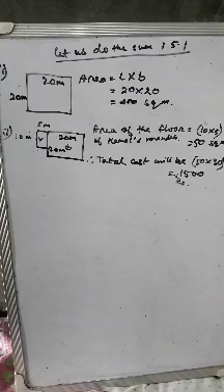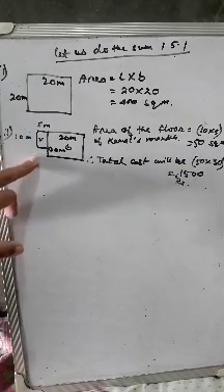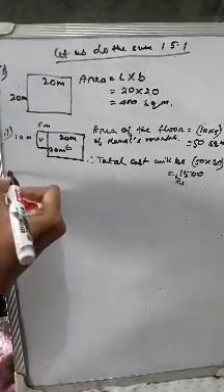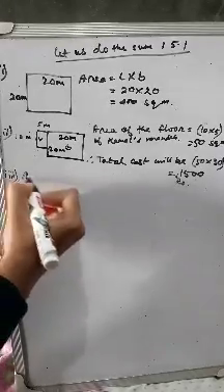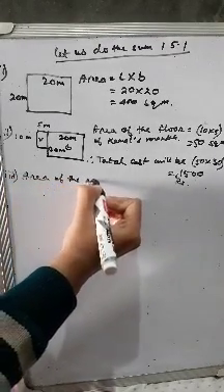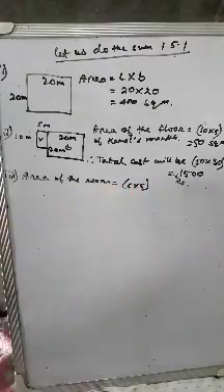See students, the reading room's position is also given. Just beside the veranda you have the reading room, isn't it? Just check from the diagram, students. So you can take the solution as area of the room equals 6 into 5. Check from the diagram.